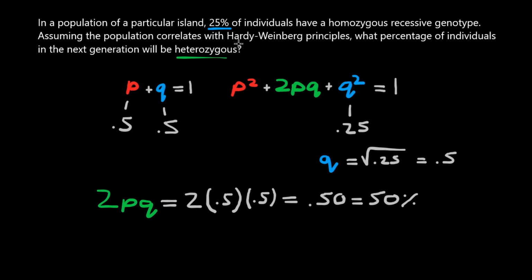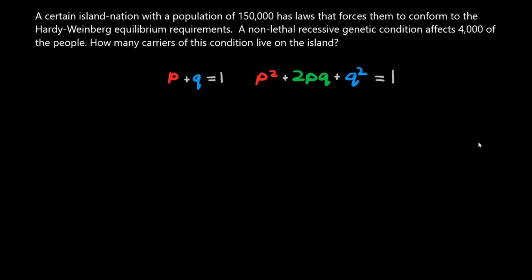So since this is based on Hardy-Weinberg principles, this means that from generation to generation, the genotypic frequencies and the allelic frequencies will stay the same. So this means that the next generation will also be just 50%.